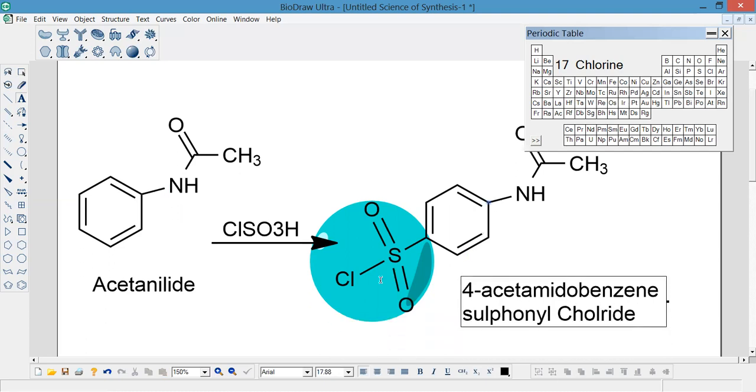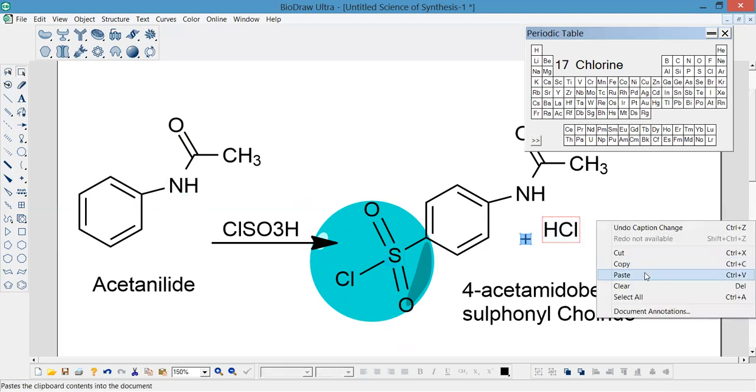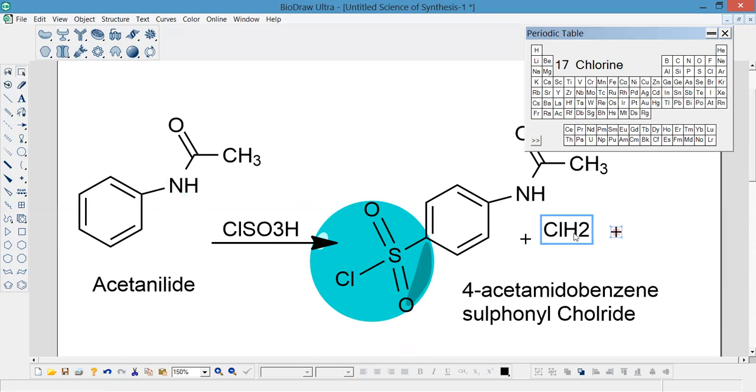Okay, with the removal of HCl, put it here as plus HCl, copy paste, plus arrow, HCl, sorry, this is only HCl.